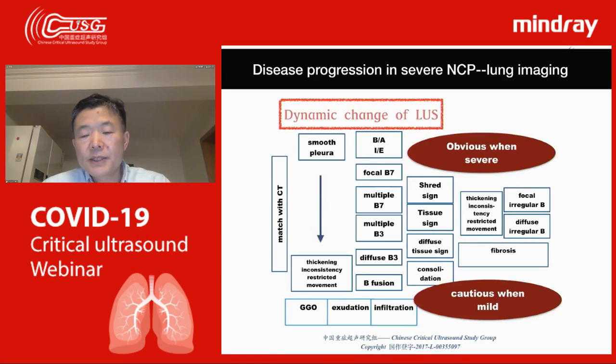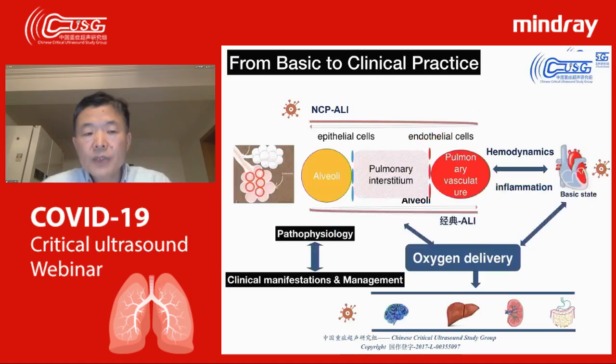But if the patient's condition is more severe, you will see in the lung ultrasound image more and more positive findings close to the disease. So you can think about this, and you can think that lung ultrasound can help us in every patient every time. So now we have finished the basic part.